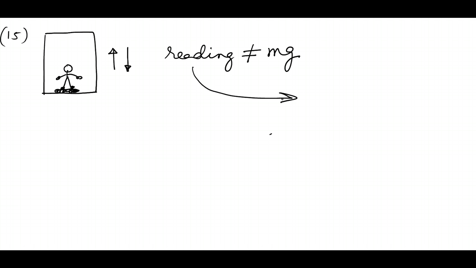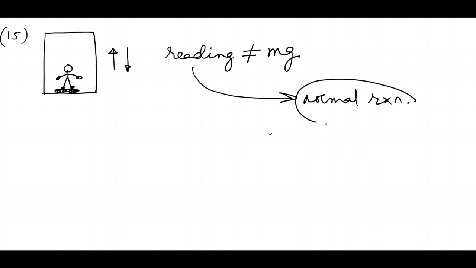If you look at the figure, you realize that the weighing machine is going to experience a force because of the person's feet, and that's nothing but the normal reaction exerted by the feet of the person on the weighing machine.